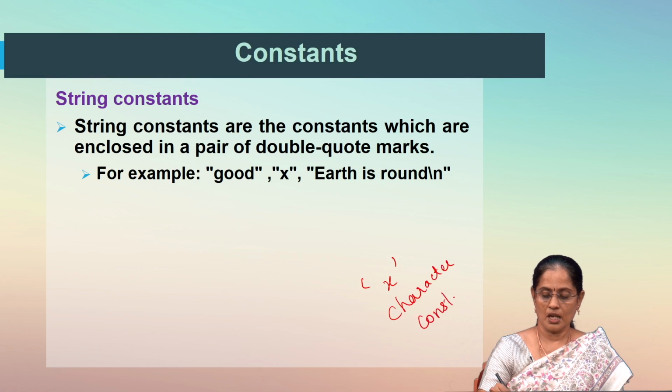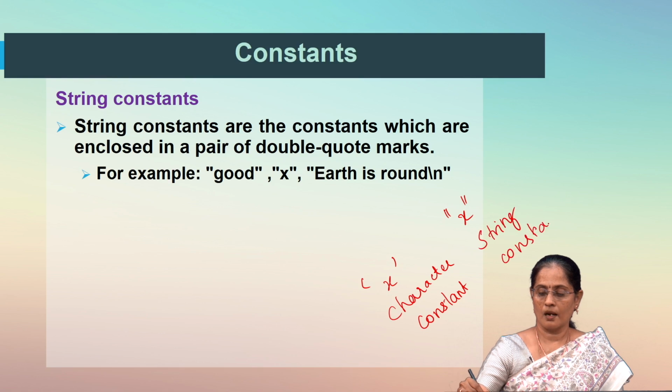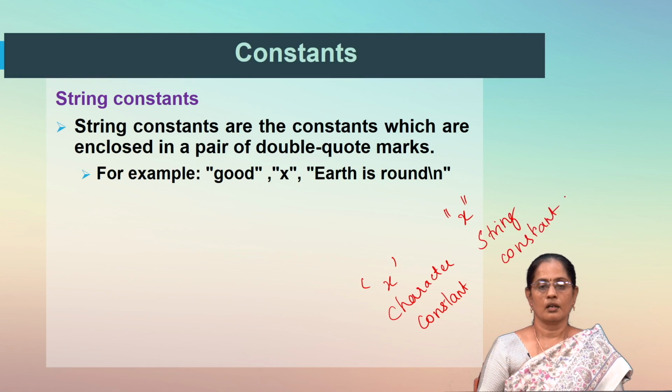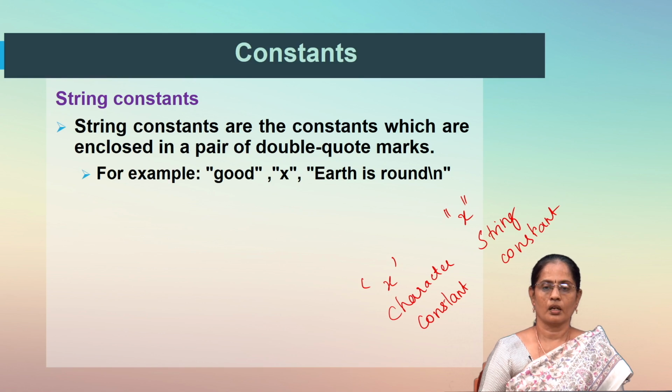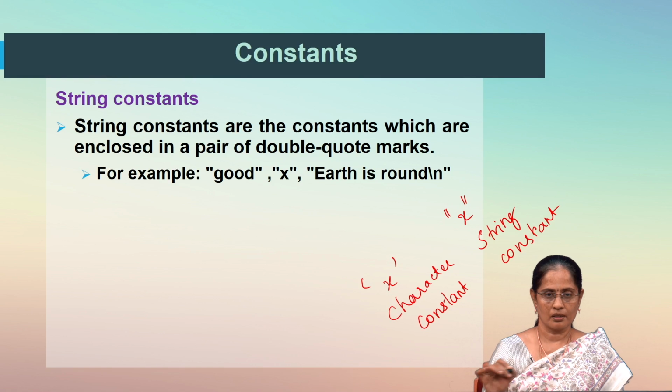Whereas if the same single letter is represented using double quotes, then it is a string constant. Because the way that C stores the value is different. In the case of a string constant, it is stored as a continuous group of characters. So, in order to differentiate a string from a character, the quotation mark differs.